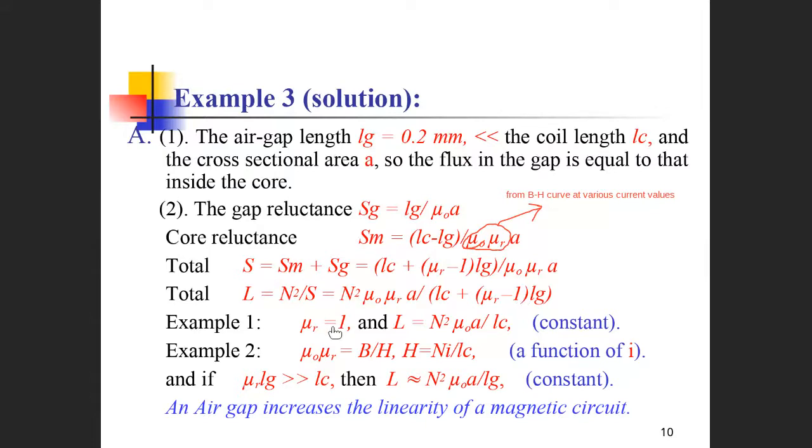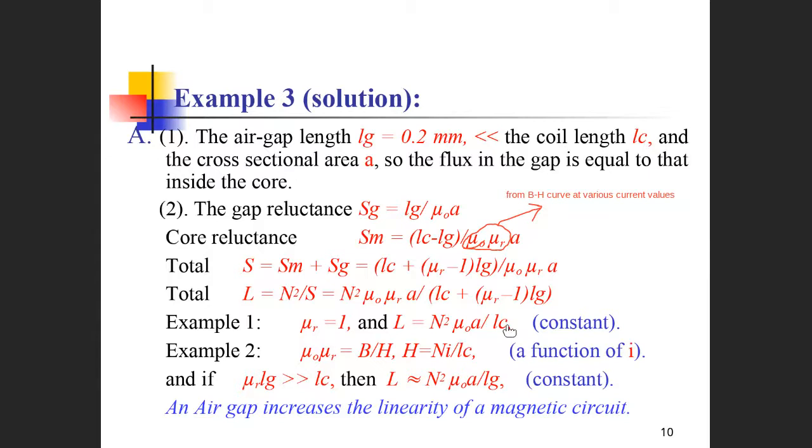Now, in comparison, for example 1, the relative permeability is 1, because it is an air gap. So this is related to the coil's length.